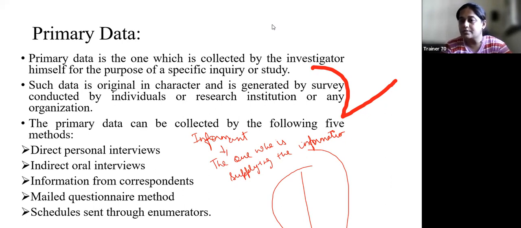Demerit क्या हो सकता है इस method का? Again inaccuracy, जो data provide किया गया है वो inaccurate हो सकता है.